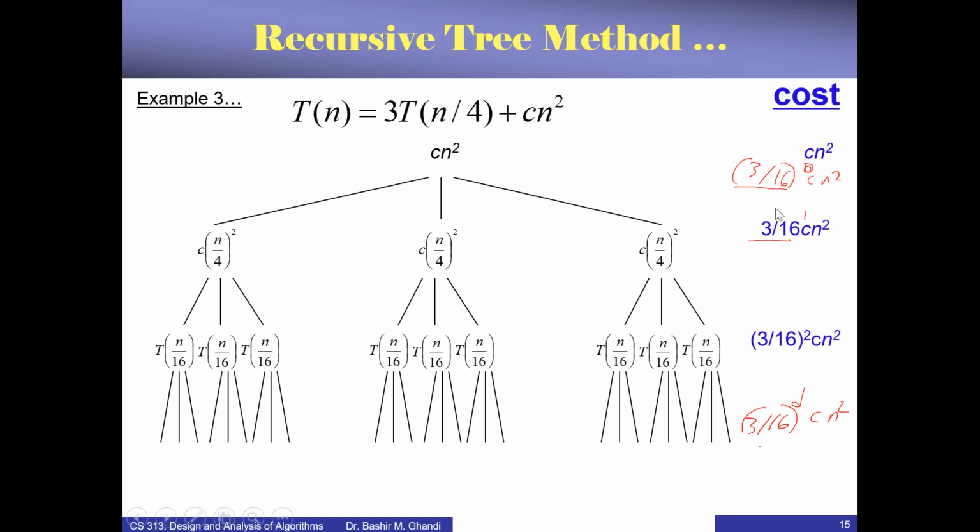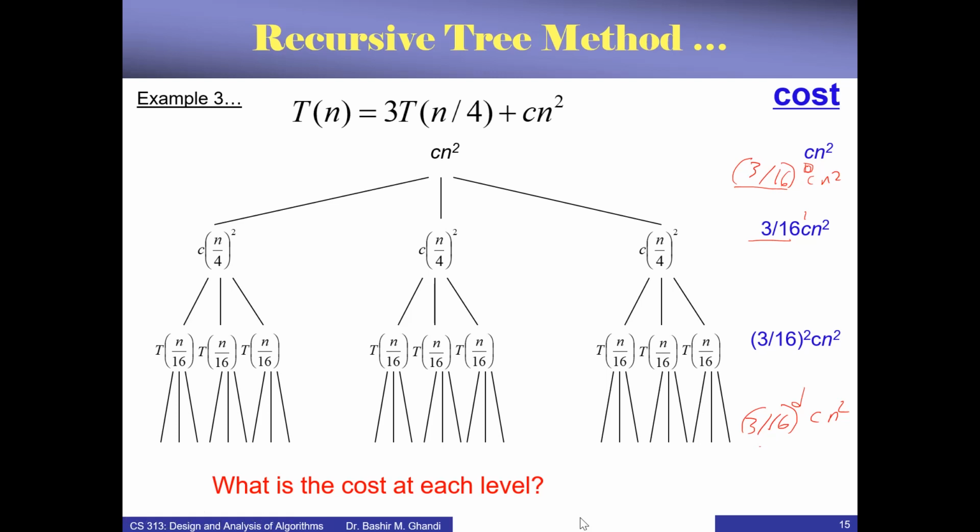So we now just need to add all of this to see what we have. This is what we have just answered actually. What is the cost of each level? Each level, as we see here, is 3/16 to power the level number, assuming we start counting from 0, times cn^2. This is the cost of each level.